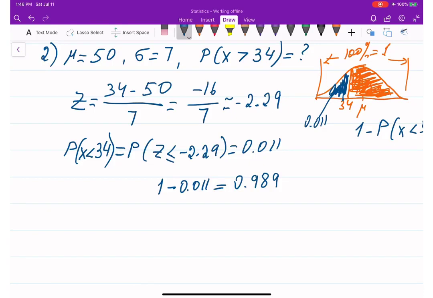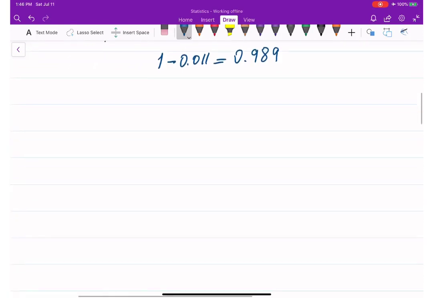All right, now let's solve the first problem. Assume the random variable x is normally distributed with a mean equal to 88 and standard deviation equal to 4.